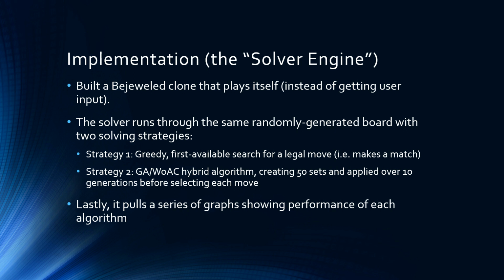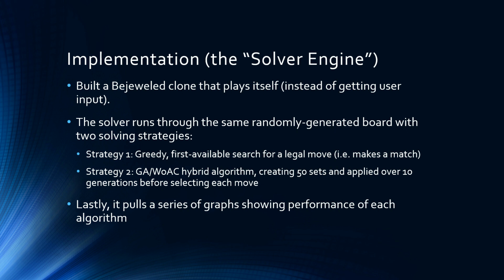So essentially every move that the genetic algorithm and wisdom of artificial crowds algorithm takes is a result of 10 iterations of this crossing over and mutating and everything that is part of that genetic algorithm, and then applying the wisdom of artificial crowds.